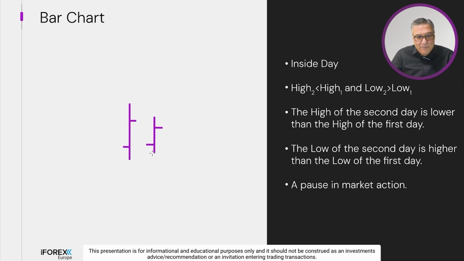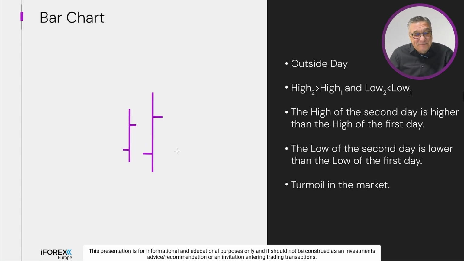Lower high, higher low. And of course, it implies that there is an indecision in the market. There is a pause in the market, traders are expecting some news to come out before they decide their next move.